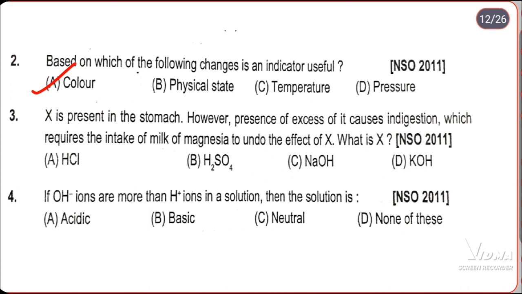So X is present in stomach. HCl is an acid which is present in stomach, so that the digestion of proteins can occur, and HCl also kills the germs. But if HCl is more in quantity in stomach, it may cause indigestion. So we have to take an antacid, and here an antacid is shown as milk of magnesia, which is basic, means X is acidic in nature.